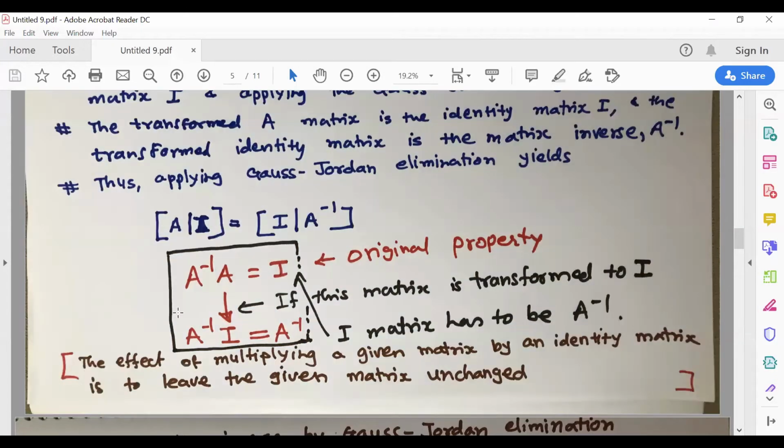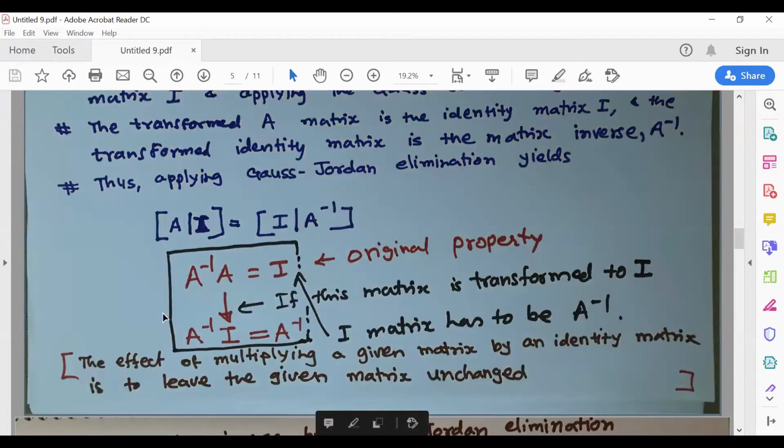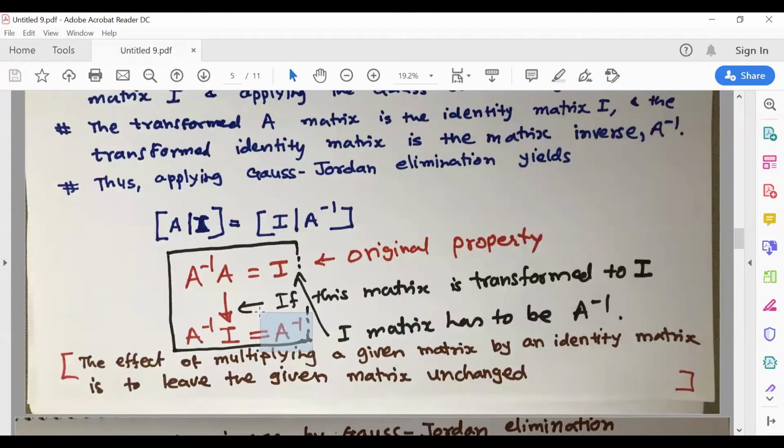Because this is the original property, that A inverse into A product gives you the identity matrix. Now I am converting A into the identity matrix, multiplying with A inverse. It doesn't give me the right-hand side I matrix, because anything multiplied with the identity matrix should give you the same matrix. That means A inverse. The right-hand side will be changed, so the I matrix will become A inverse.